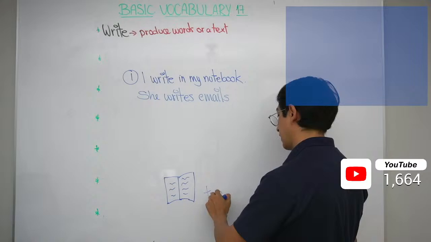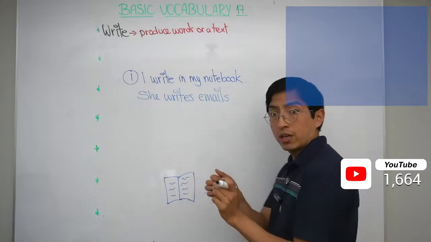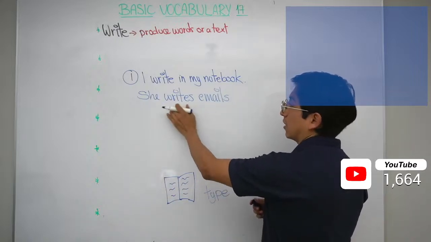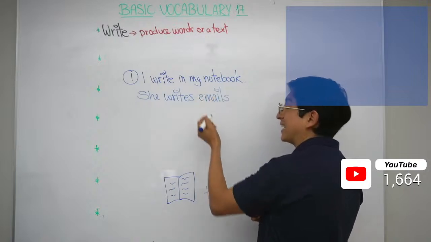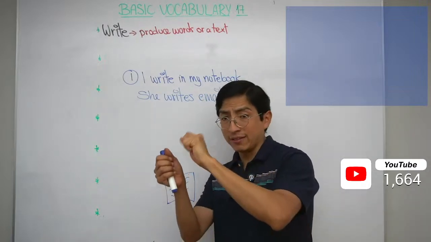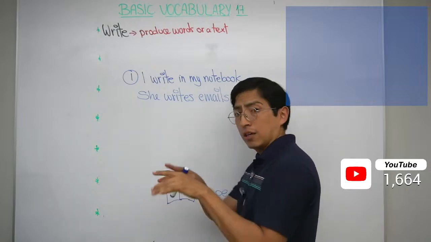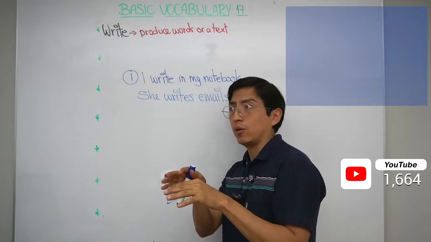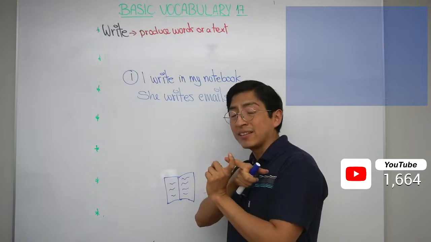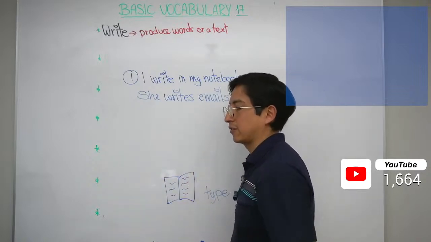This is the correct verb. We type a message on the computer, but the action is this: she writes emails. I can do it with my hand, but I can also do it on the computer. So we have these two possibilities: write a text, write a sentence, write a paragraph, or write an email too.